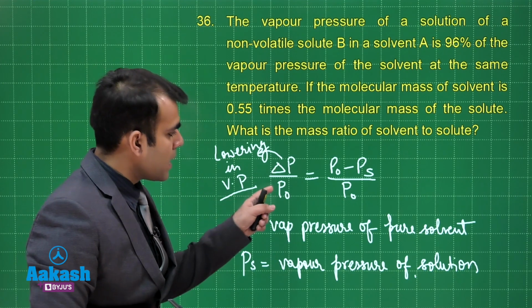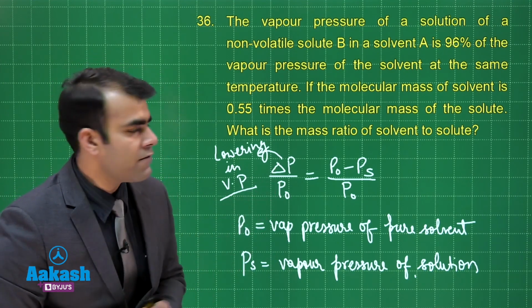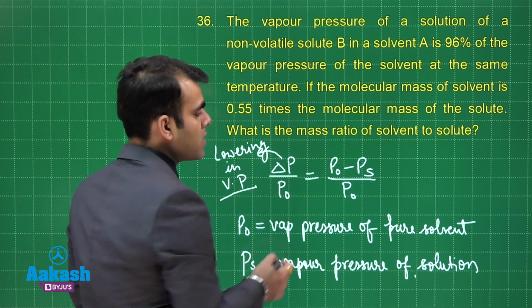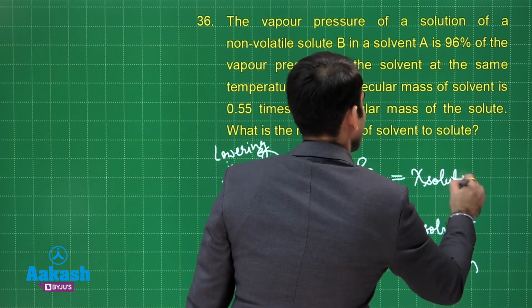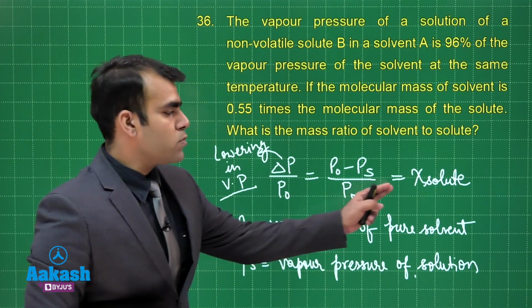This delta P by P naught is the relative lowering in vapor pressure, and this term is equal to the mole fraction of solute.